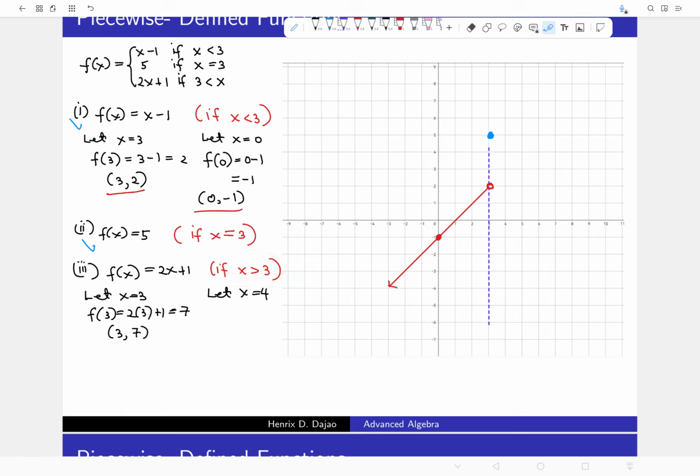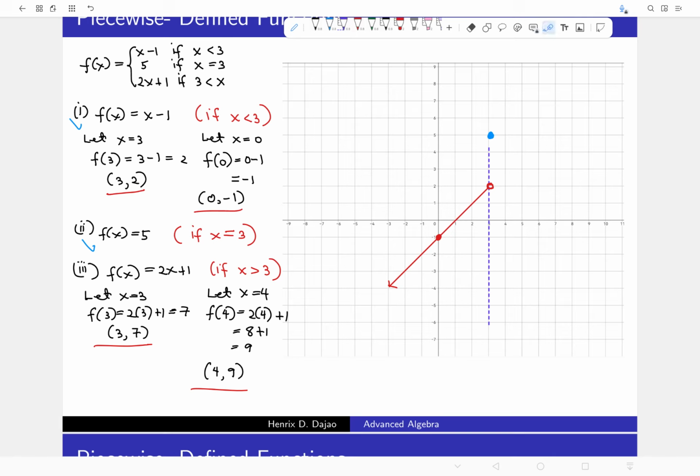So substitute 4, then 2 times 4 plus 1. So you have 8 plus 1, so 9. So if your x is 4, your f of x is 9. So we have 3, 7, and 4, 9 as our points. So let's graph this one.